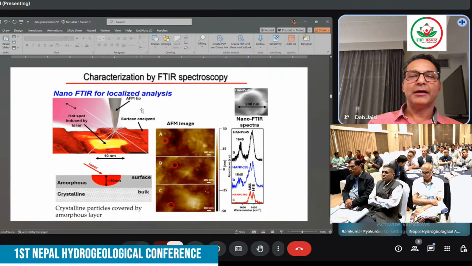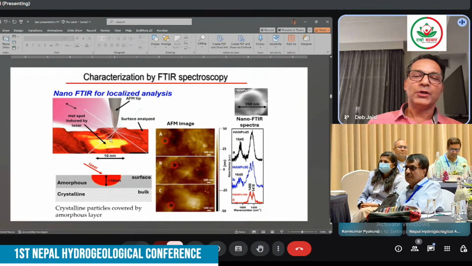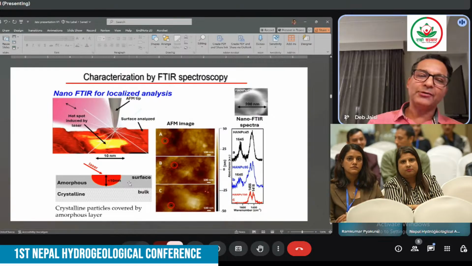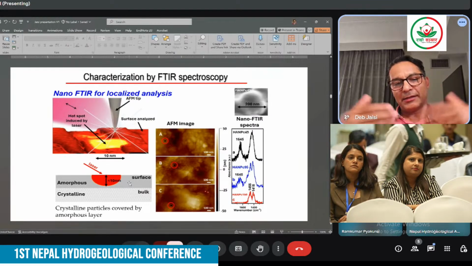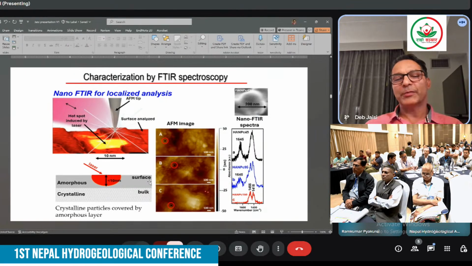Now, the nano FTIR, which is on a very small scale, depicted in the illustration here, uses a laser beam which has a penetration capacity of about 10 nanometers or less, and it can probe the material from the surfaces and find out what material the particular sediment is composed of.